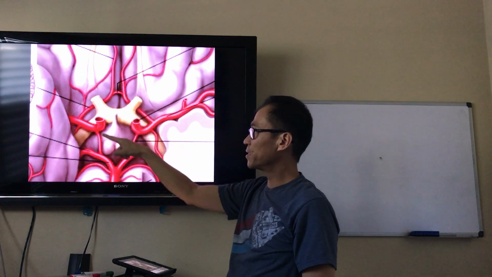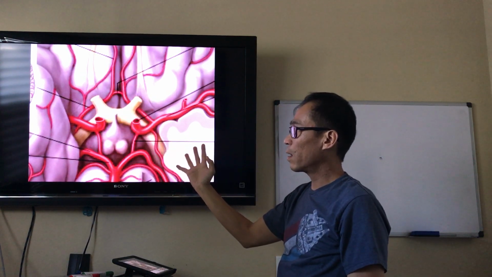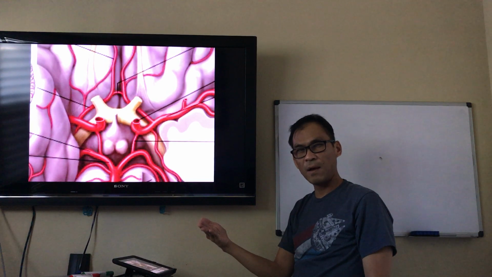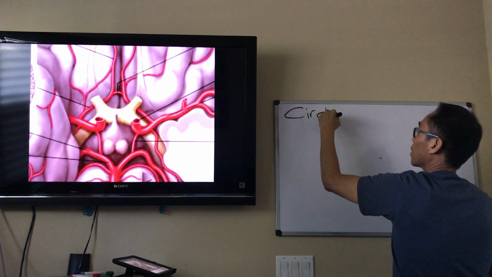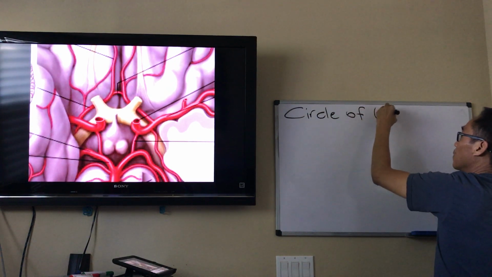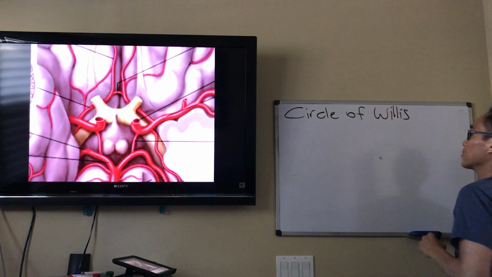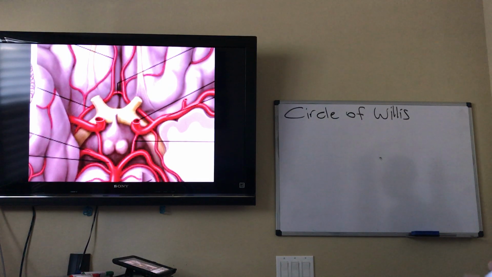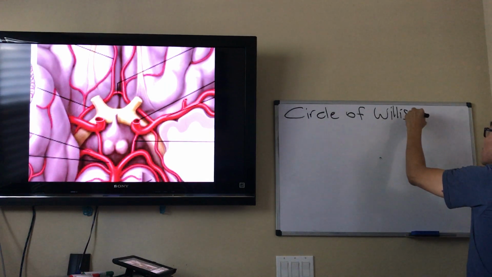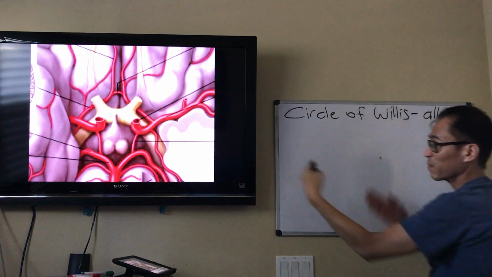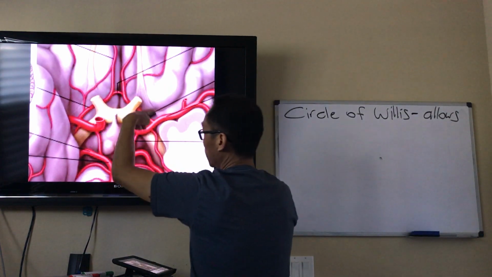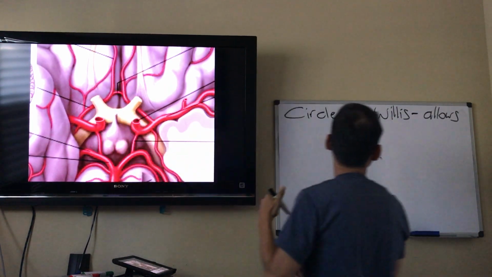It's significant that it's a circle because there's something called collateral blood flow. First, let's note circle of Willis. Your book may call it the cerebral arterial circle. The point is it's a circle, and it allows for collateral blood flow in the brain. Because it is a circle, the blood can flow all the way around.